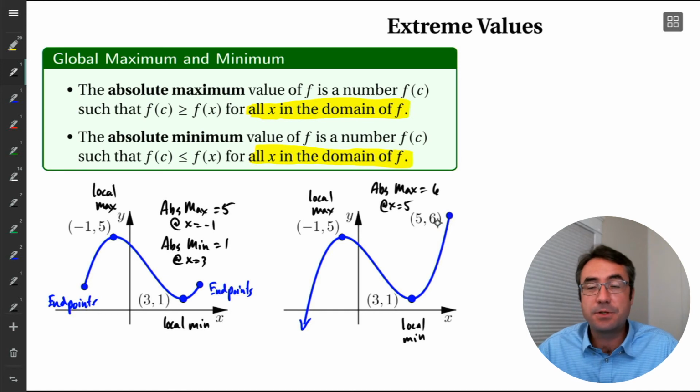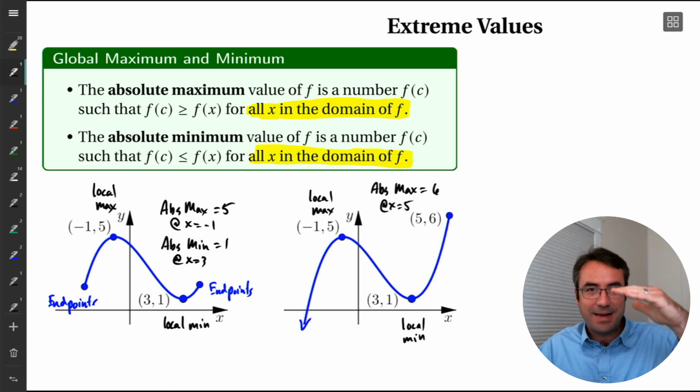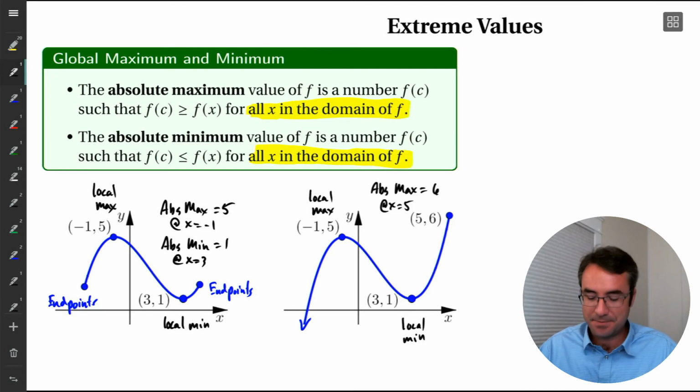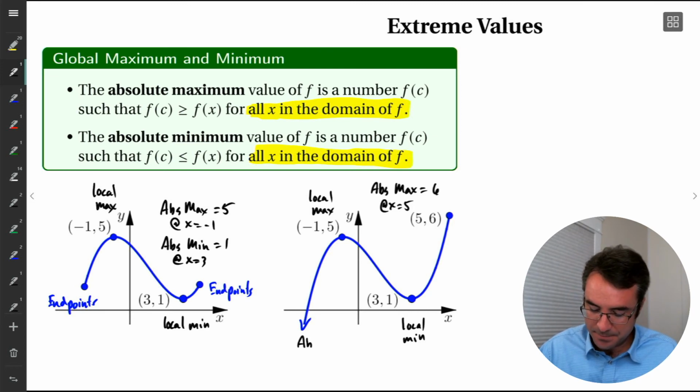Now for an absolute min, this graph doesn't actually have one. We have a low point right here, but if we read far enough to the left, we keep getting lower and lower. There's no end to how small our function actually gets. So the absolute min is: there is none.